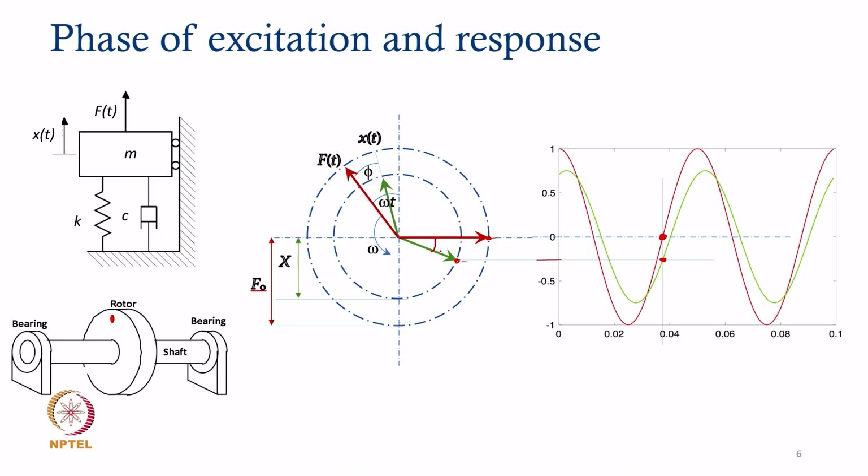So, after a certain interval of time, as this force continues to move up like this, the response vector will align with this, and it will have 0 value later. So, this response, currently having a negative value, will have 0 value later at this particular instant of time, and this distance, which is in terms of time converted into angle, is going to be phi.